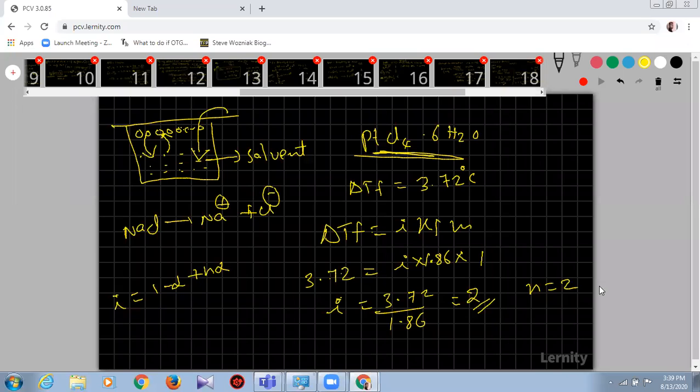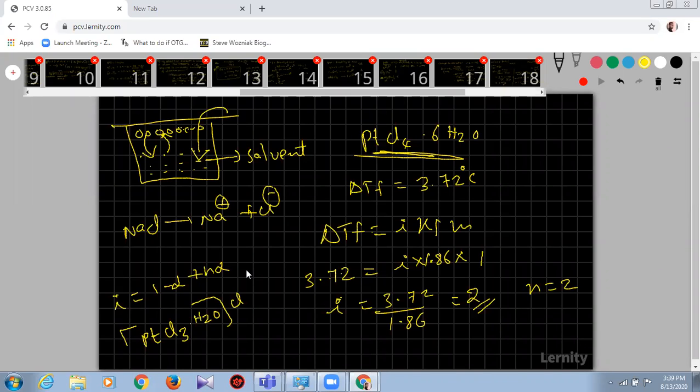That means from this you will get 2 ions. That means how does it exist here? Platinum Cl3, H2O, and then one more Cl. It would be like this.